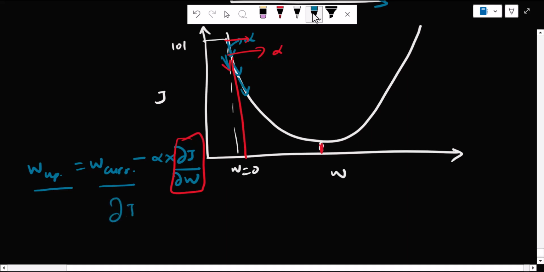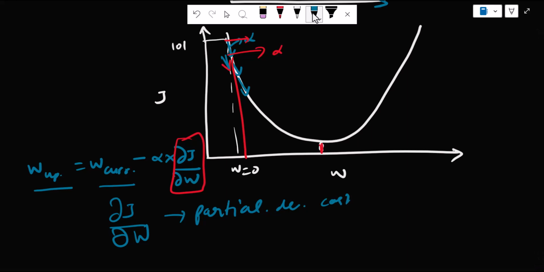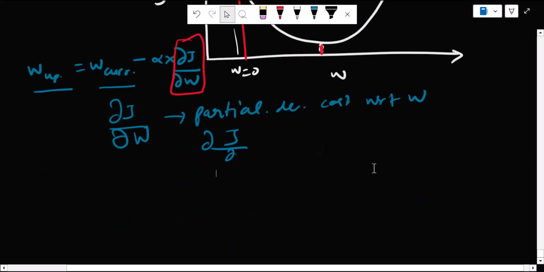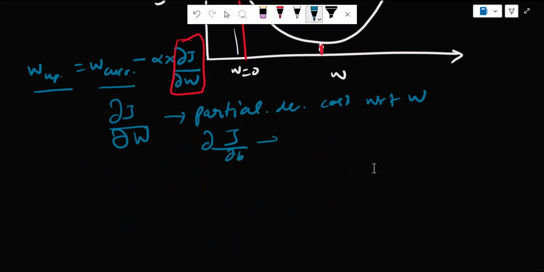So dJ by dw is nothing but the partial derivative of the cost function with respect to w. Similarly, we will see dJ by db also, which is the partial derivative of the cost function J with respect to b. So how are these values of dJ by dw and dJ by db calculated?